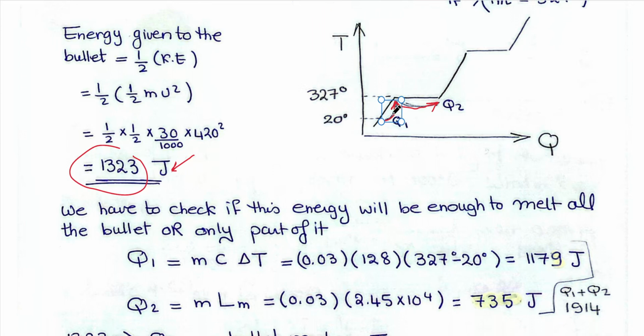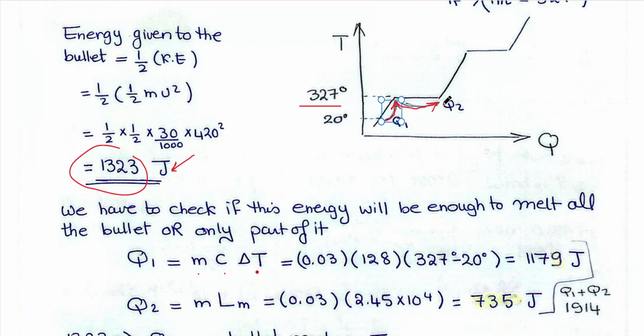Q1 is the amount of heat the bullet needs to reach the melting temperature, 327. It's mc delta T. I will calculate it according to the givens. It will be 1179. Then I will calculate Q2.